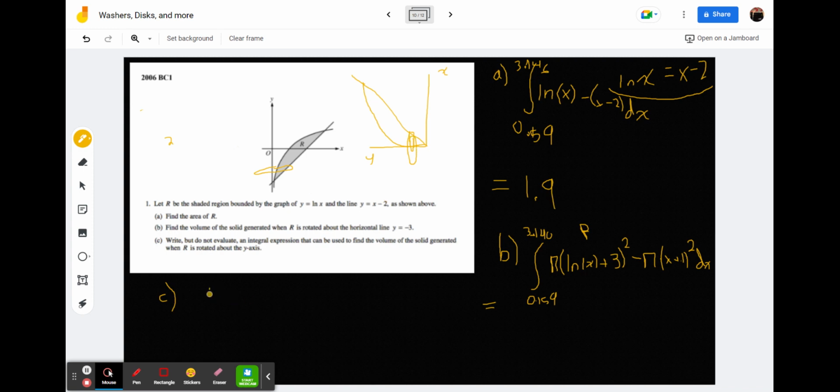Our outer disk is going to be pi R squared times our thickness, or h, and in this case our thickness is going to be dy, and R is x, so pi x squared dy. It's the same thing with the other one. So we need to rearrange the functions to get x. For y equals ln x, that's the same as saying x equals e to the y. And for y equals x minus 2, that's the same as x equals y plus 2.